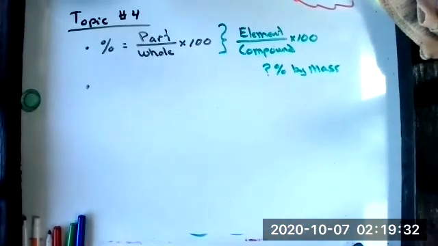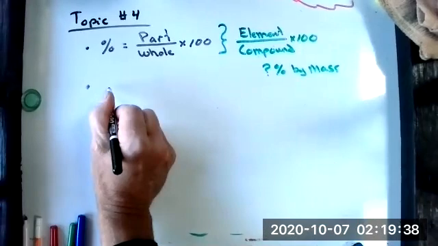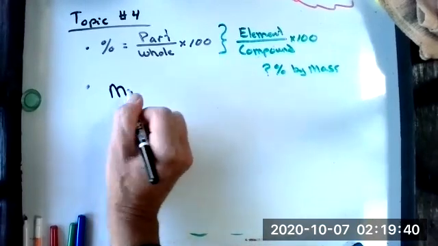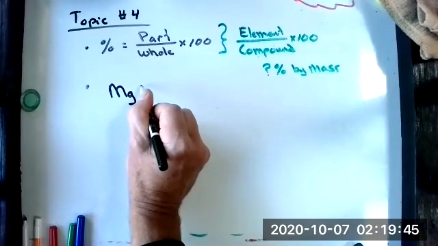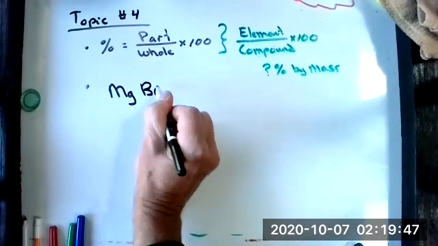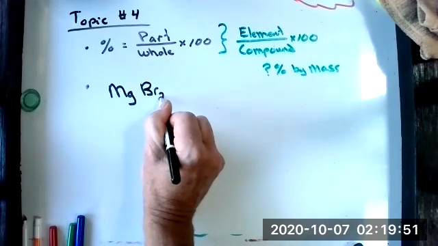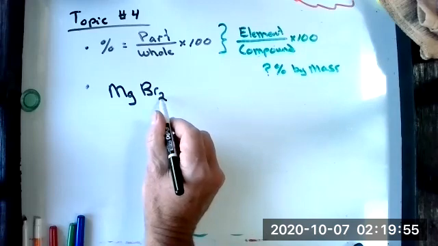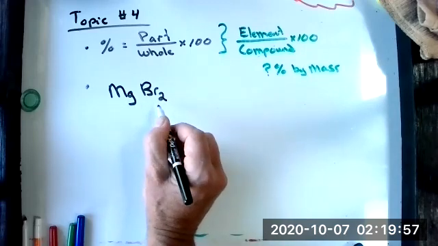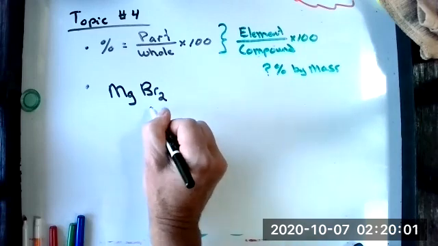Here's your last one. How about we try magnesium, and let's grab bromine. And I hate to tell you this, but it's going to be a 2 there. Oh, don't worry. You'll know how I got that later, and pretty soon you'll be writing these things.